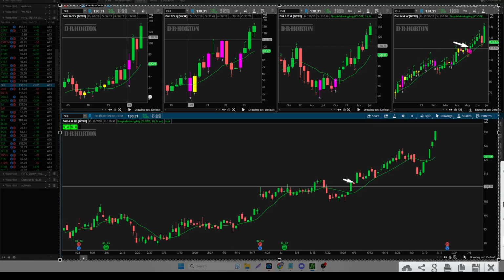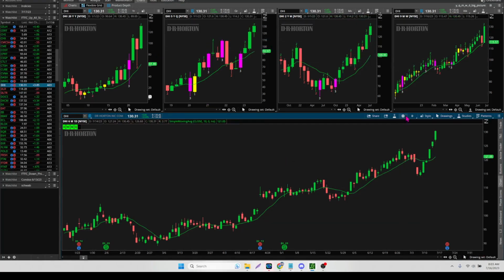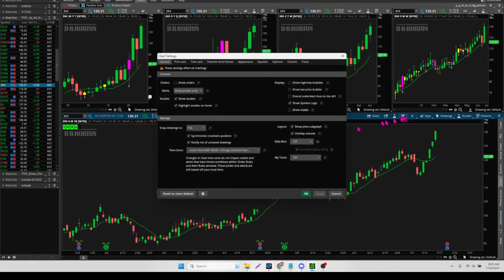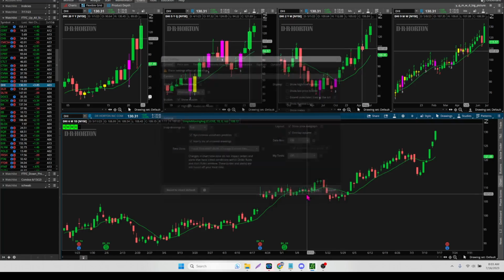You can just see where these crosshairs play and synchronize together. Look at this. When this thing moved, it moved across all time frames right there. And if you want that option, if you just go to your chart settings here, you've got this option right here, the synchronize crosshair positions. Check mark that. That'll help you. It's a really great setting.